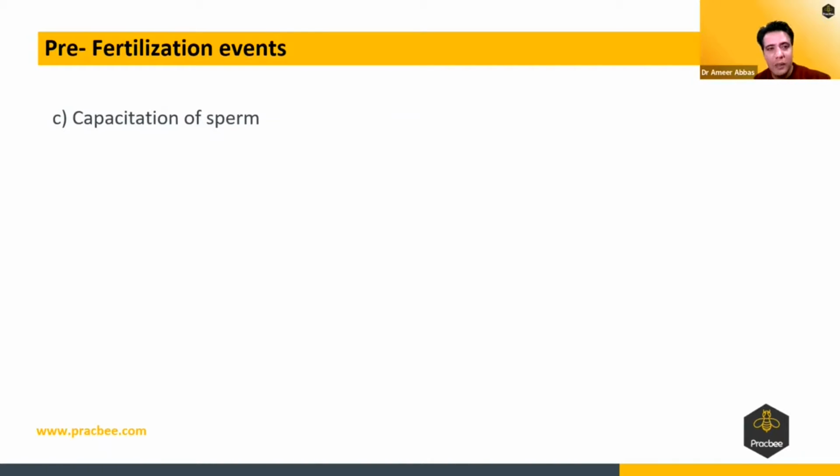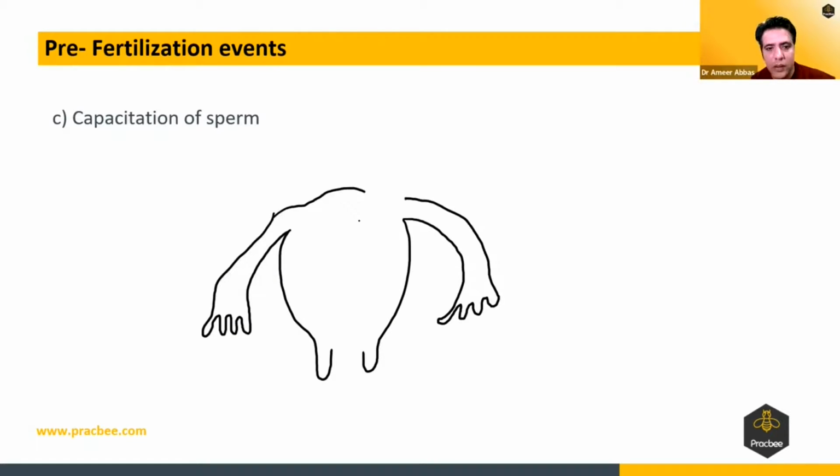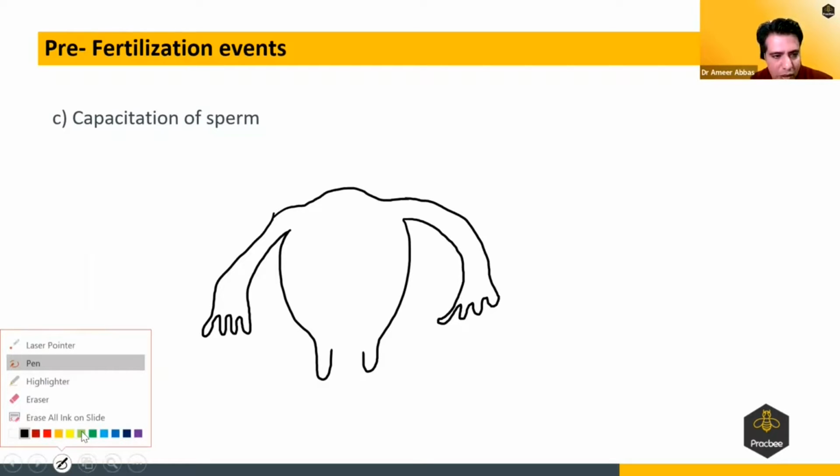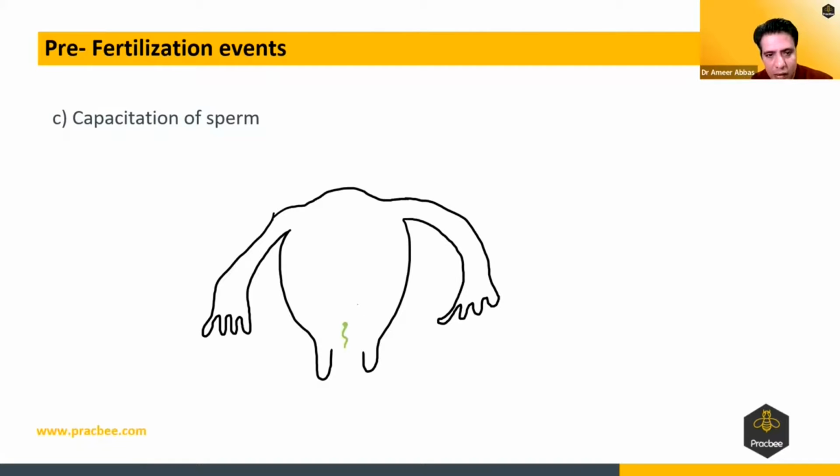Capacitation. This is what? Uterus. So whenever the sperm enters into the female body, it needs to be activated. Who will activate?